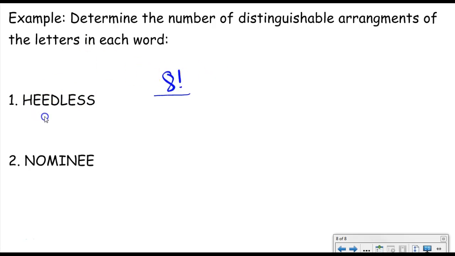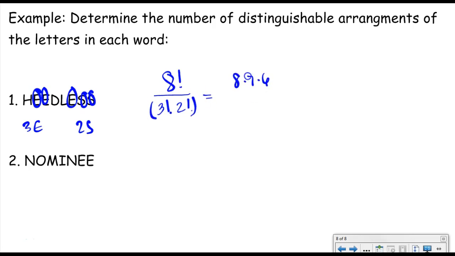Then I count up any repeats. So I have 1, 2, 3 E's, and I have 1, 2 S's. So I do 3 factorial times 2 factorial on the bottom. And then I divide 8 factorial by these. So 8, 7, 6, 5, 4, 3, 2, 1. I'm all about simplifying as much as possible because I don't want to multiply big numbers. I'd rather multiply smaller numbers if possible.